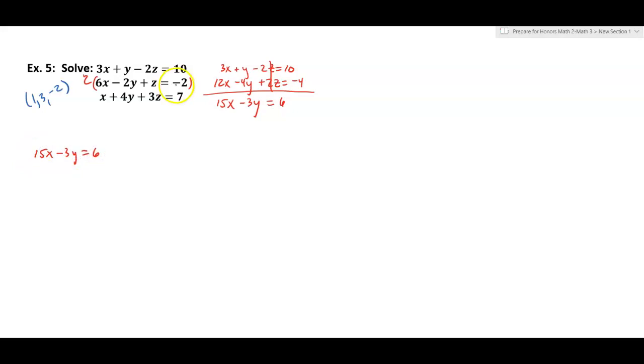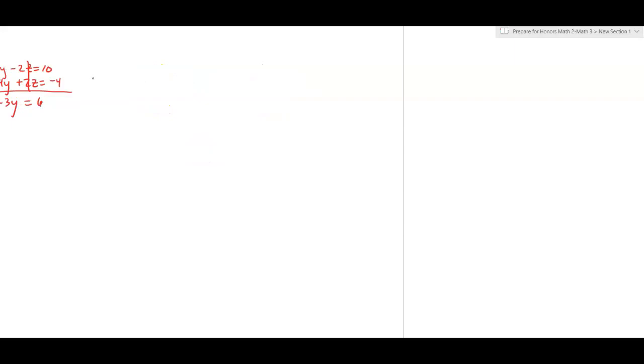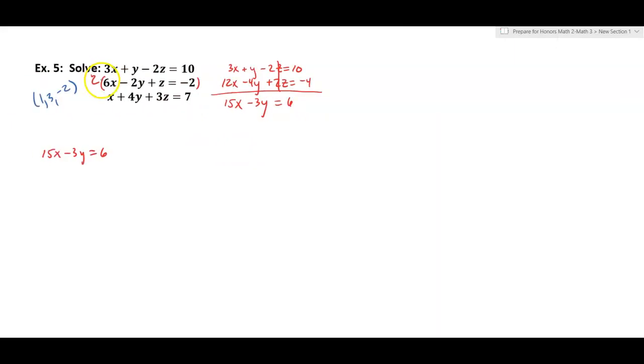Then I'm going to use the middle equation again. And if I look, I have a 1z and a 3z. I'm going to multiply the middle equation by negative 3. So that's going to become negative 18x, right, plus 6y minus 3z equals 6.